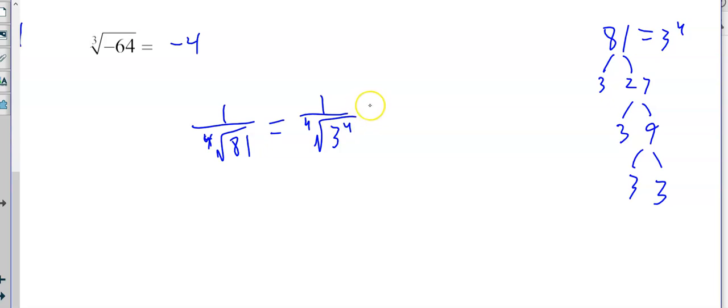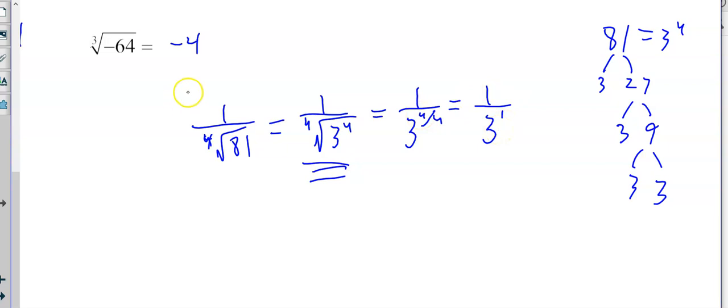You could write this in fractional exponent form, 1 over 3 to the 4/4. There's a different way of thinking about it, right? So that's 1 over 3 to the first, essentially, when you simplify. You might have seen that, right? When you saw it like this right here, you might just say, oh, that's just 3. That's fine. I just wanted to show you a different way of thinking about it.